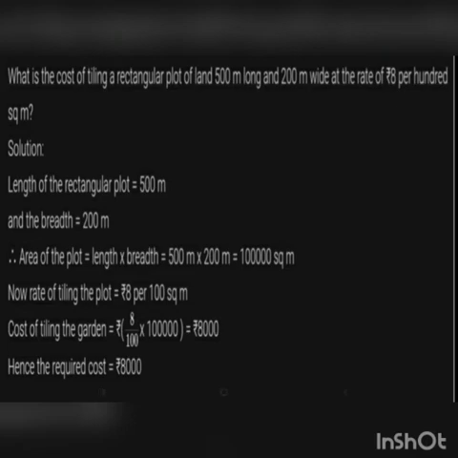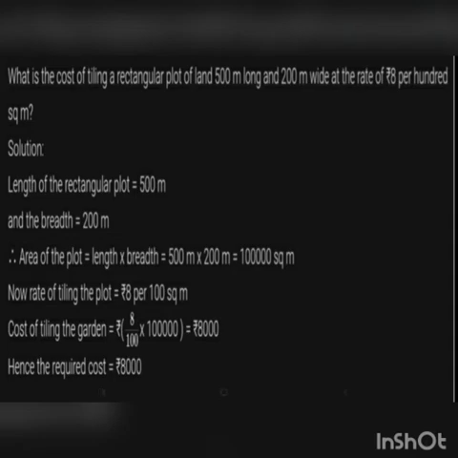For fencing we use the boundary length only, but tiling covers all the area. So here we have to find the area. Now what type of land is it? Rectangular plot, isn't it? The length and breadth are given, 500 meter and 200 meter. So all the data are given, we can directly find. First we find the area to be tiled.